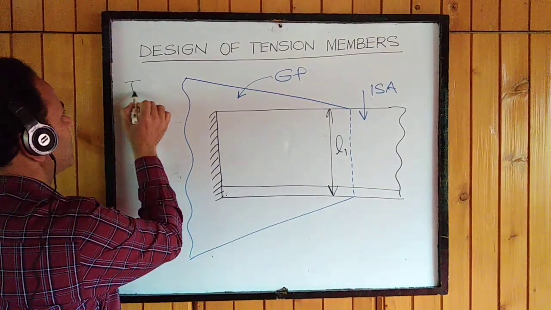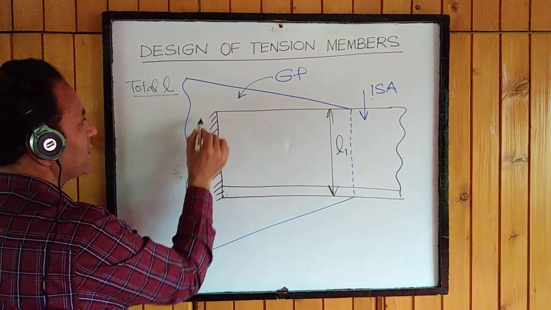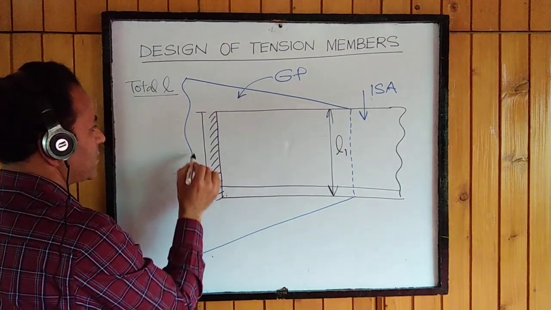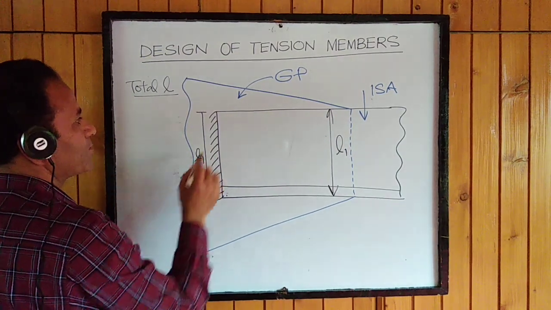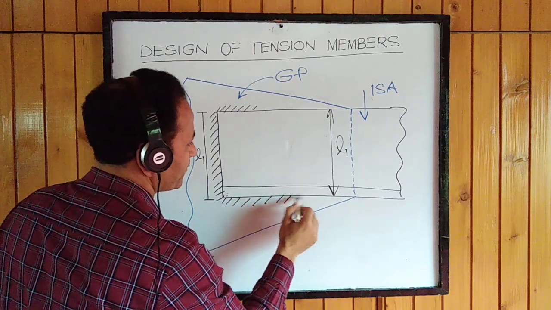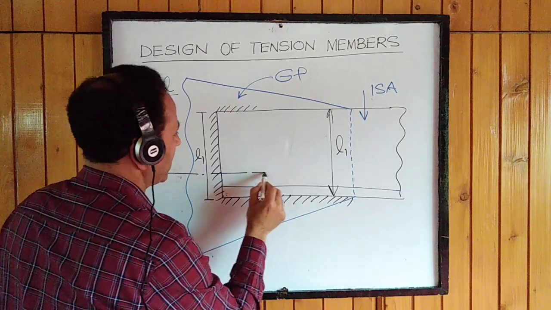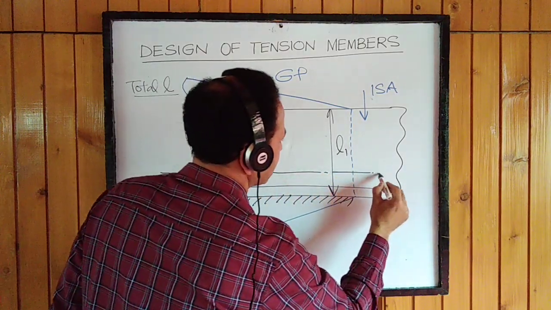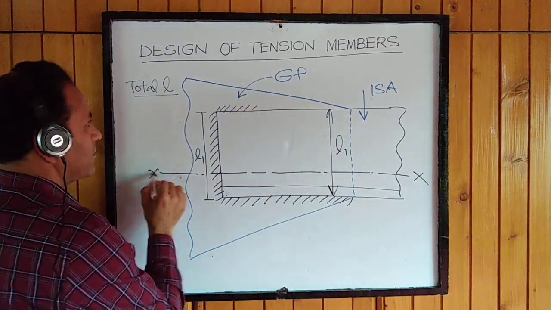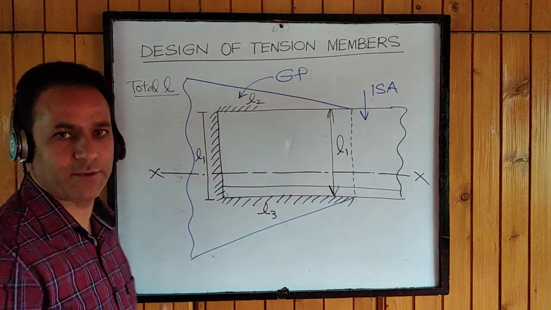We know the total length to be provided. Out of this, say L1 is provided, then we will have to calculate these two lengths. Since the angle section is unsymmetrical about the x-axis, this L2 and L3 won't be the same.